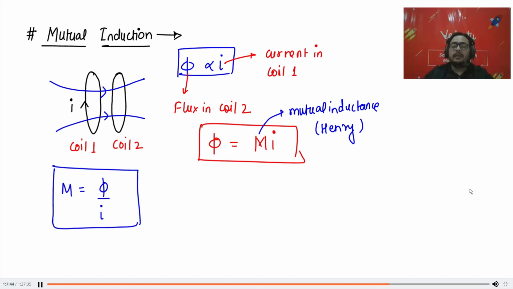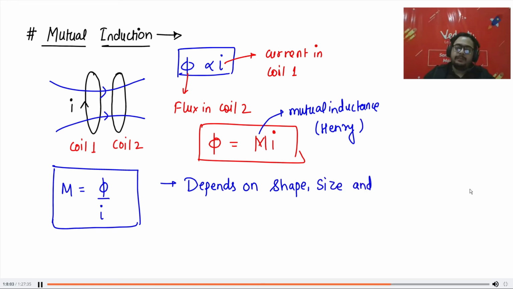No. So it depends on shape, size, and geometrical orientation of coils. One more term is coming here. Obviously, it depends on the number of turns also.